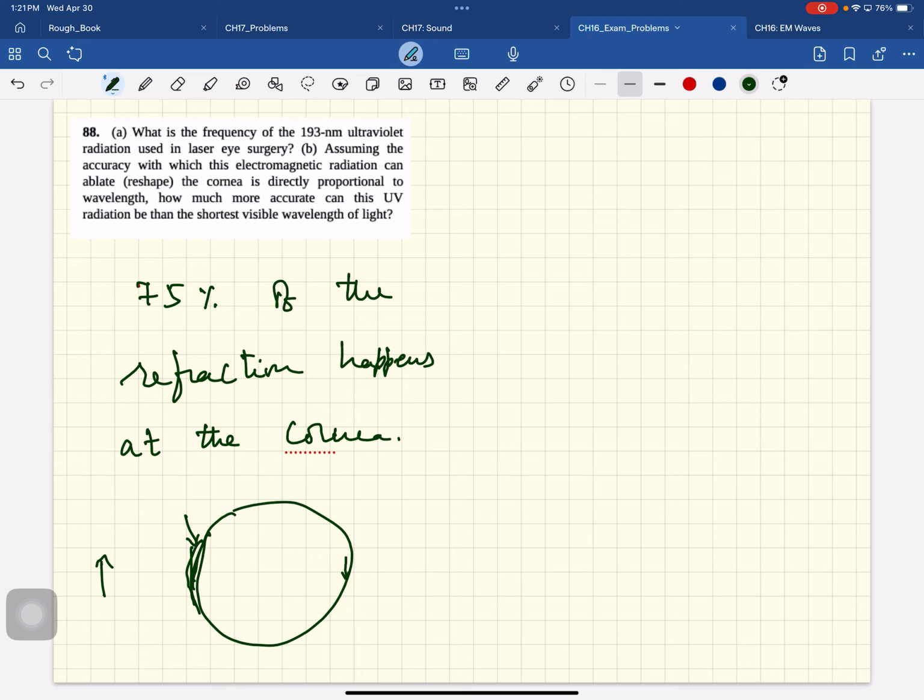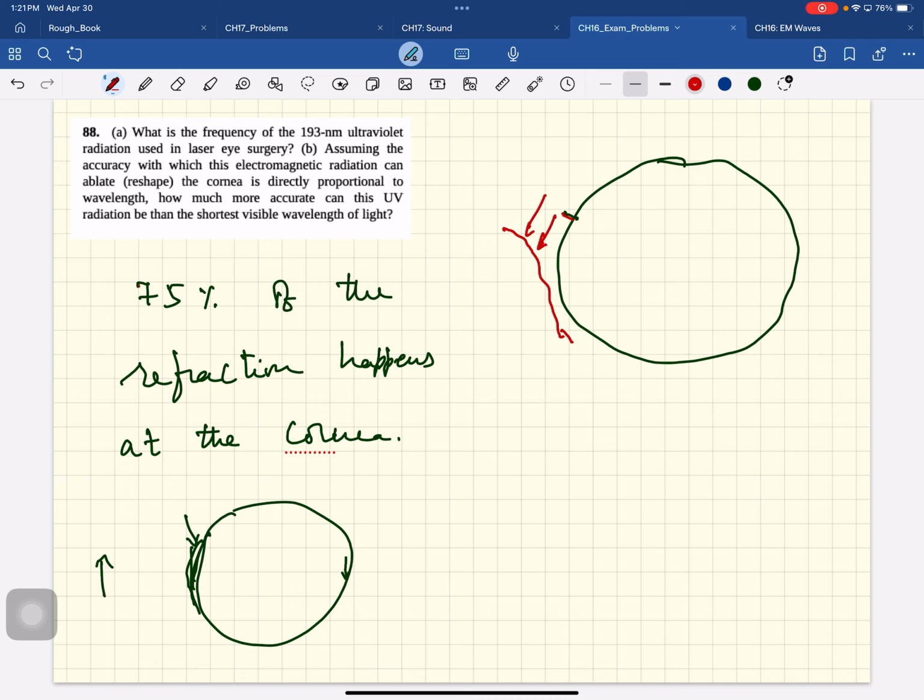And so what they do is they make an incision in the cornea, fold it back, and then reshape it by ablating cells there.